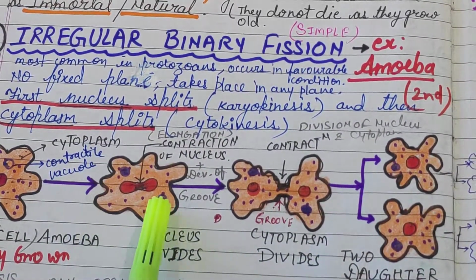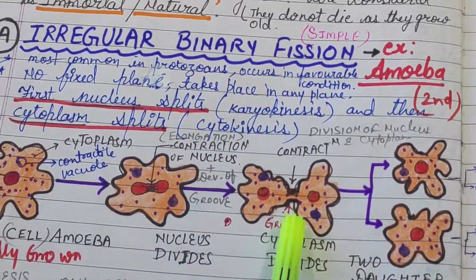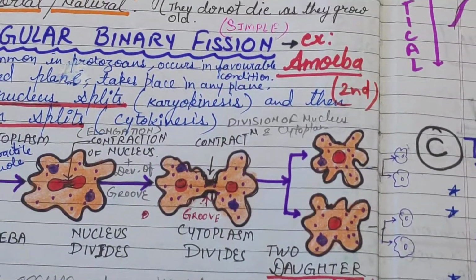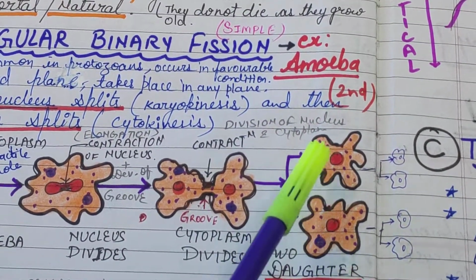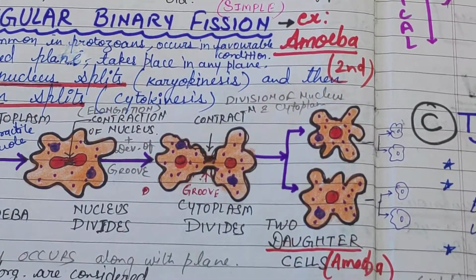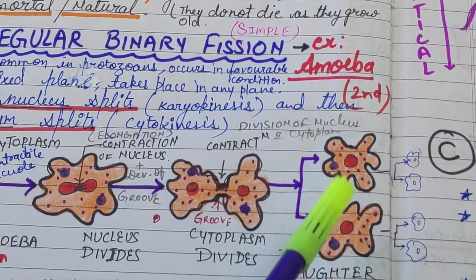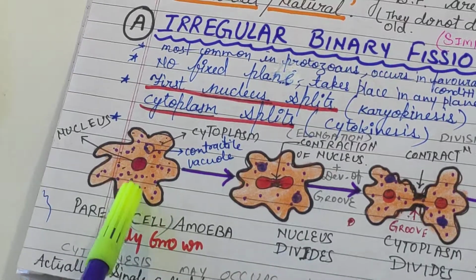So first karyokinesis occurs, and second cytokinesis occurs, and after some time it divides into two clear, separate daughter amoebae. So we get two daughter cells from one parent cell.